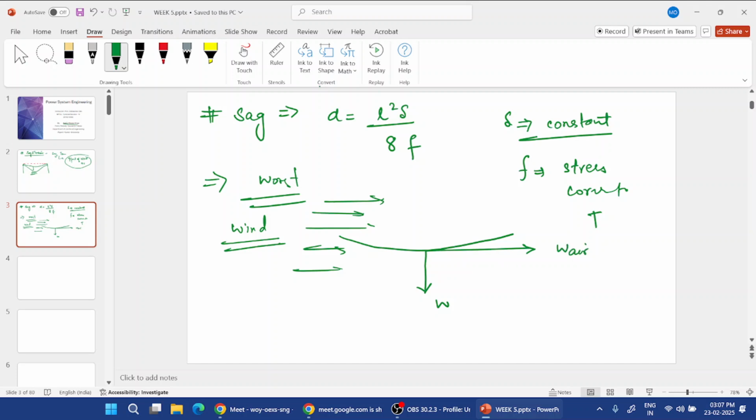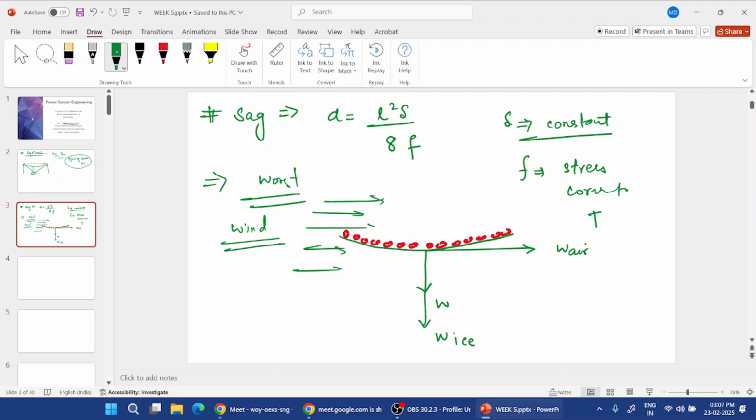But there is another effect, which is the ice. If ice gets placed over it, it will have an effect in a downward direction. This is of ice.